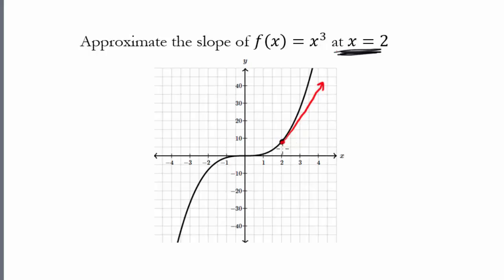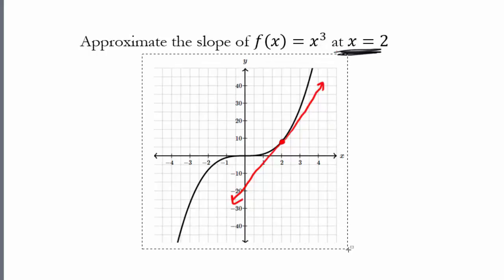So there's one line that passes through this function at only this one point. There is only one line that does that, and we want to say, what's the slope of this line? So how could we calculate the slope? We can actually do this by successively approximating and calculating the average rate of change.